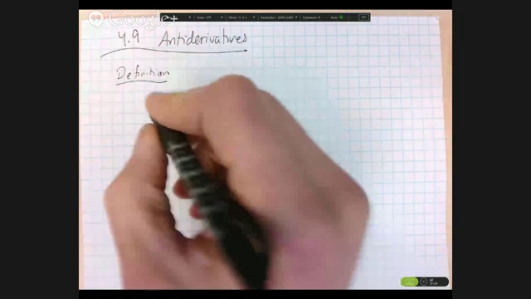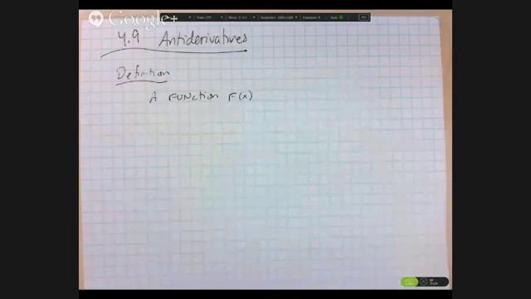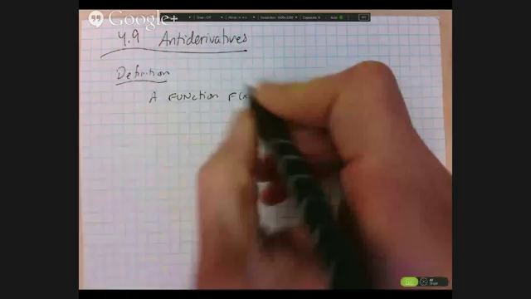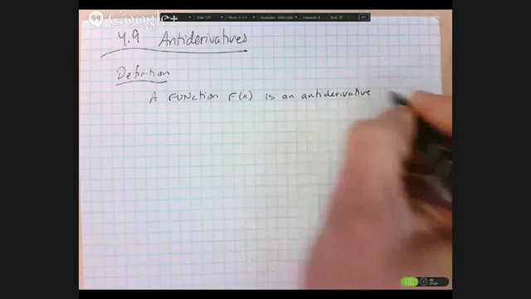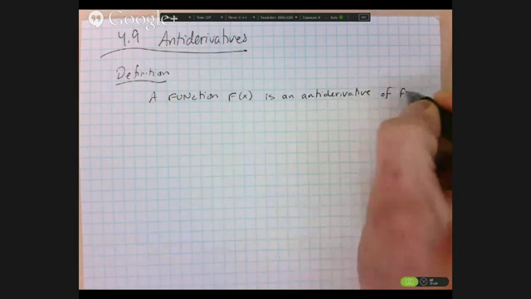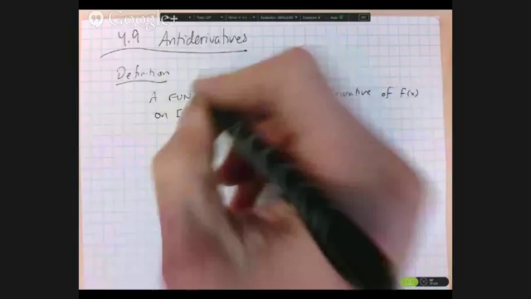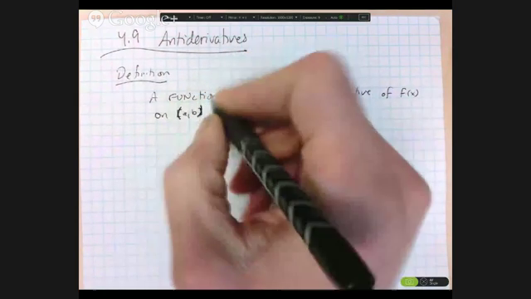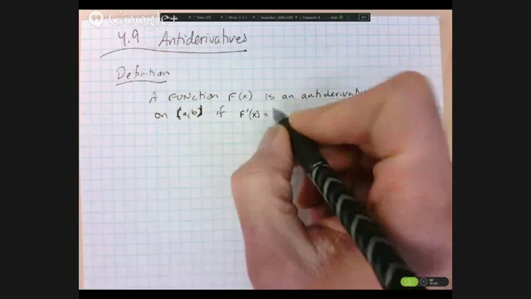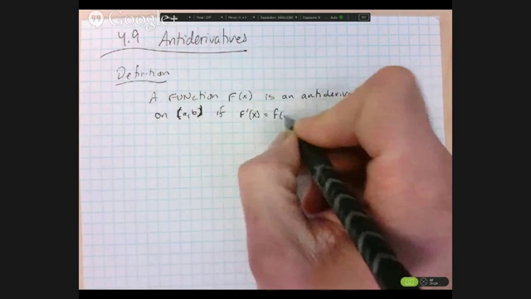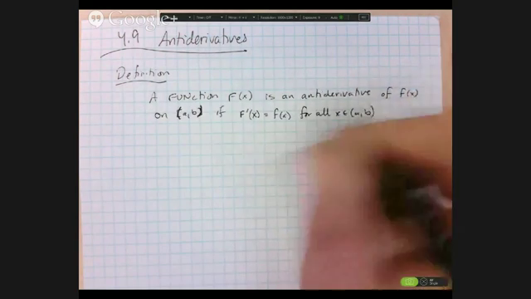A function, be sure to capitalize it, capital F of x, is an antiderivative of little f of x on, well, let's make that an open interval (a, b), if big F prime of x equals little f of x for all x in the interval.